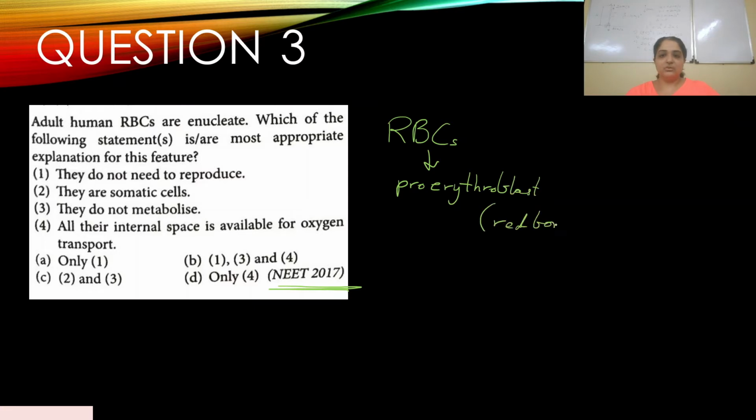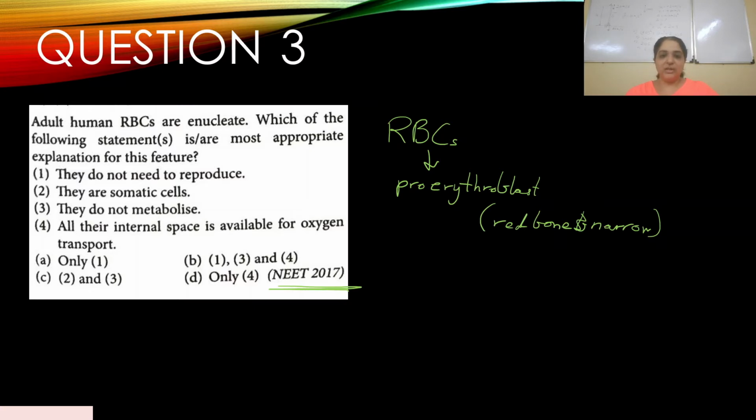Okay, so they are produced from there, and as they mature they lose their nucleus. But that's not really explaining the question in hand. Why are adult human RBCs enucleate? So let's look at the second one. They are somatic cells. Yeah, they are somatic cells, but again that doesn't really answer the question.